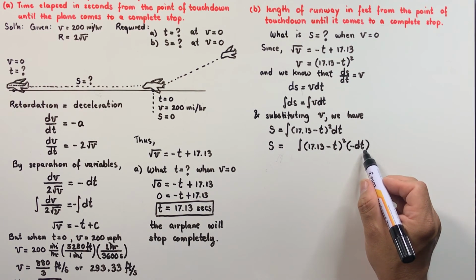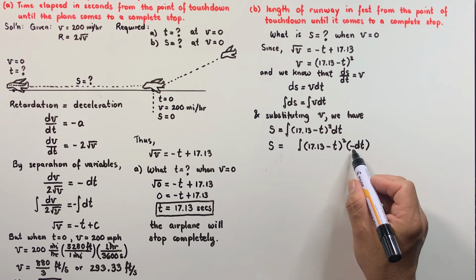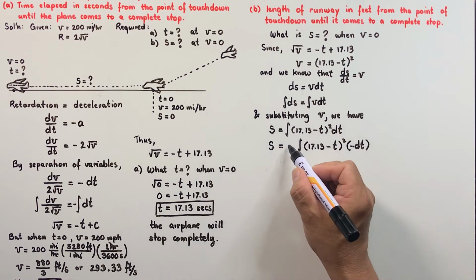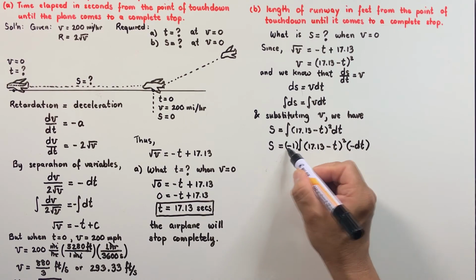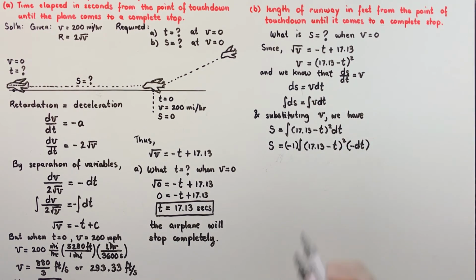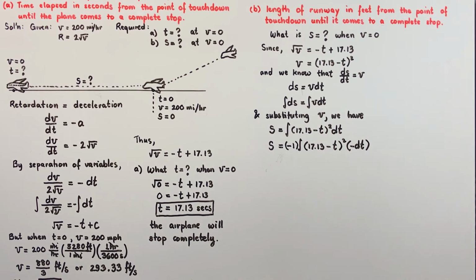And maybe you ask me, where did I get this negative here? I get this negative from nothing because I multiply here also by negative 1. So that negative 1 times negative here, the answer is positive 1.